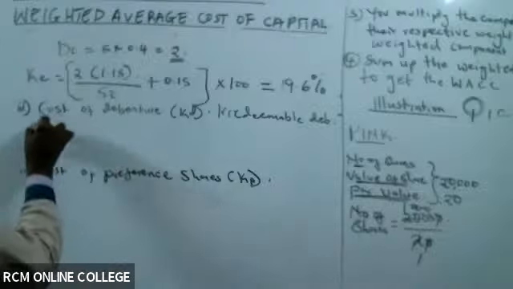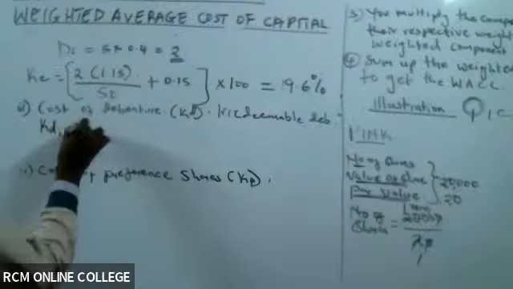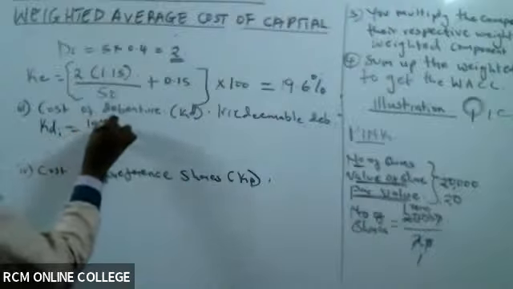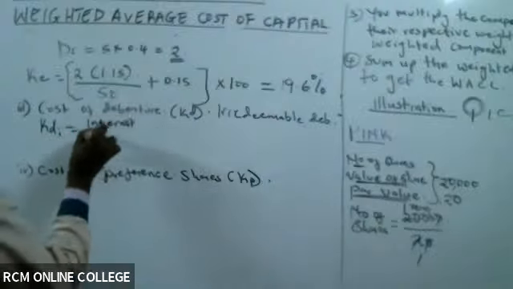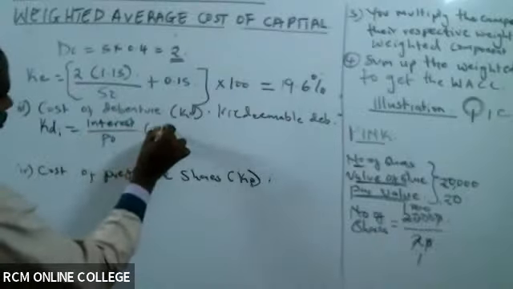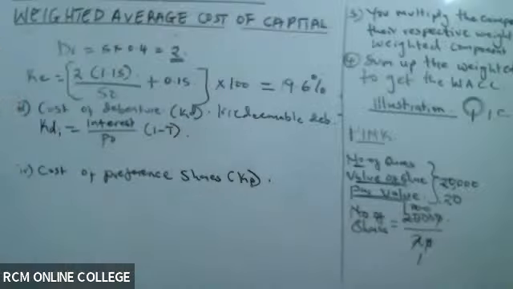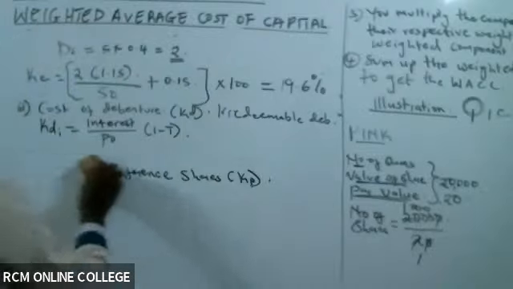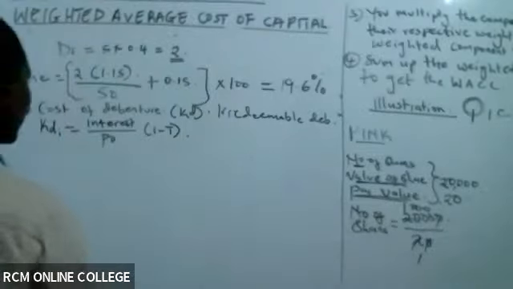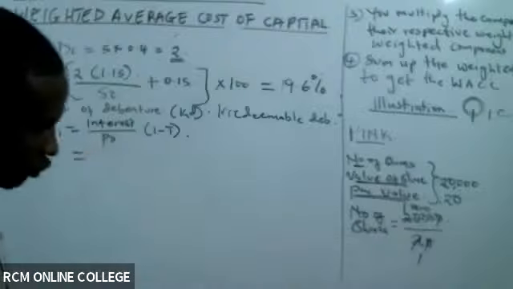We say that Kd for the irredeemable is given by interest over P0, and then remember this one, you adjust for tax, 1 minus T. First of all, let's check what we have here.